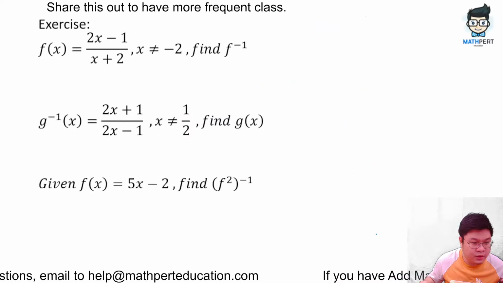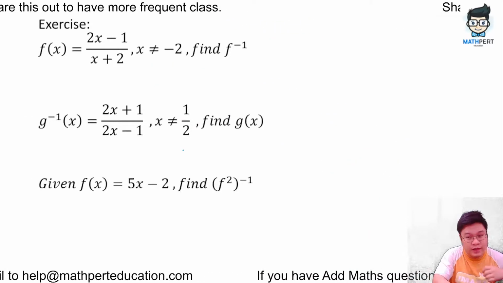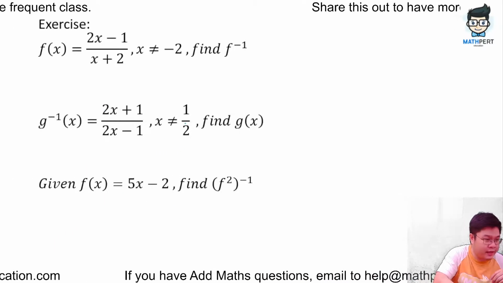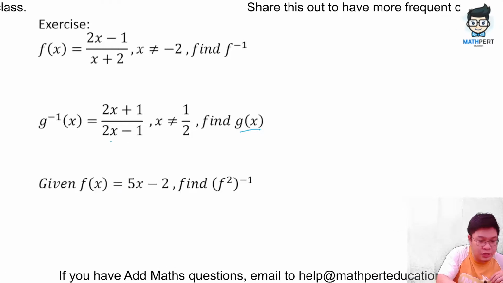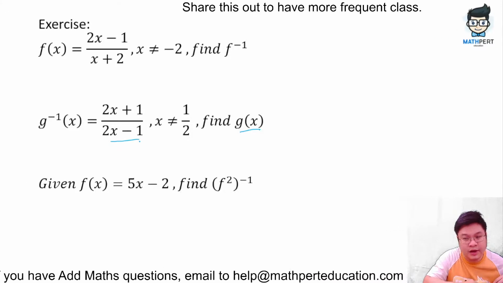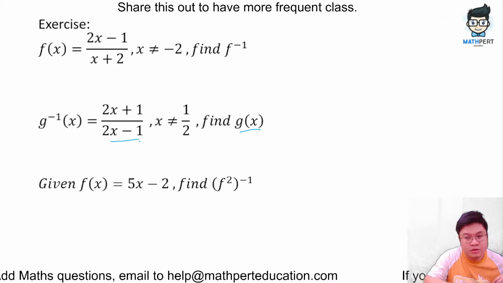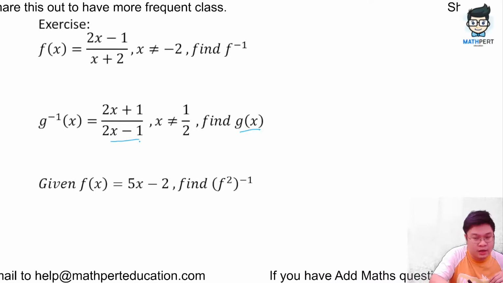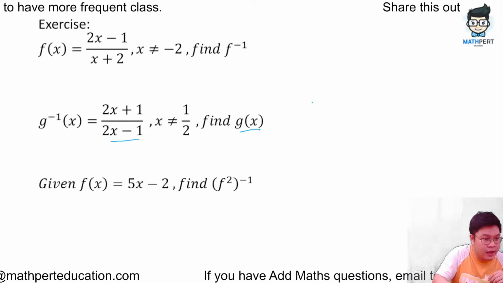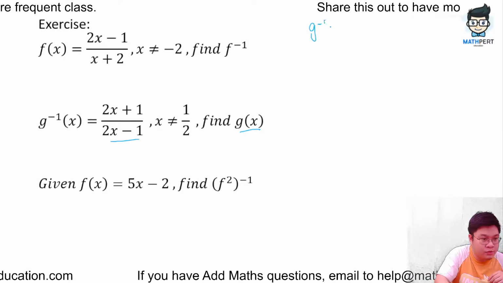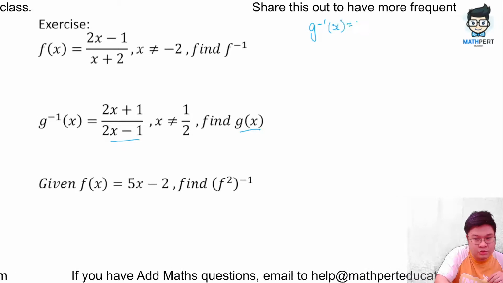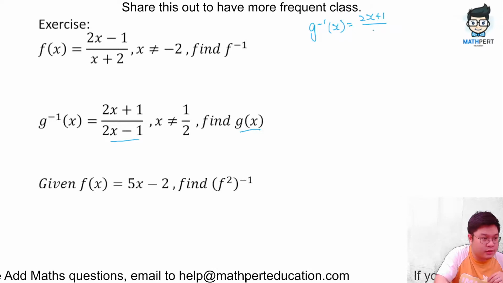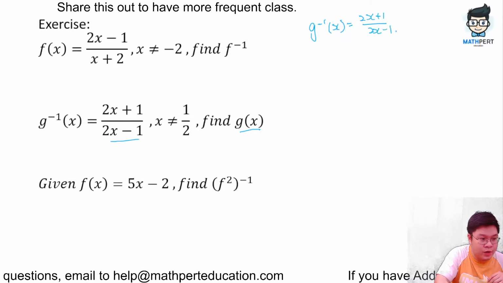We are given that inverse g of x is equal to 2x plus 1 over 2x minus 1.